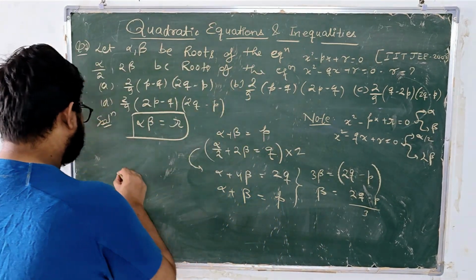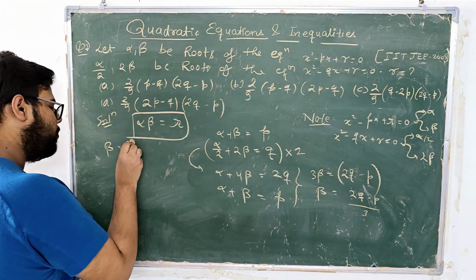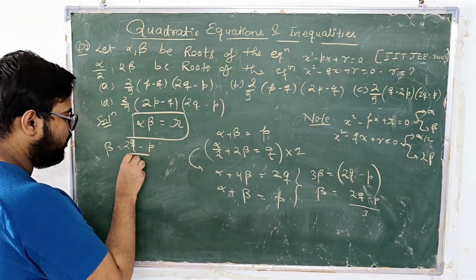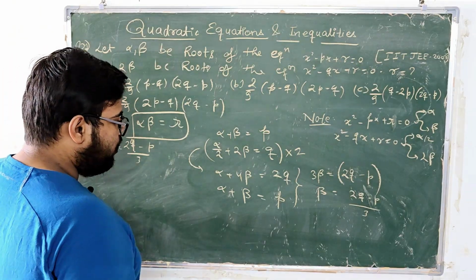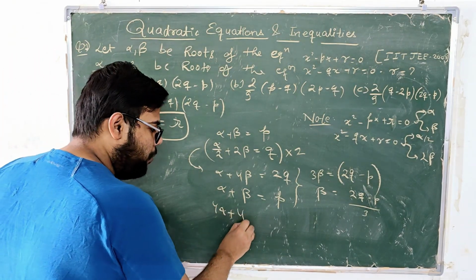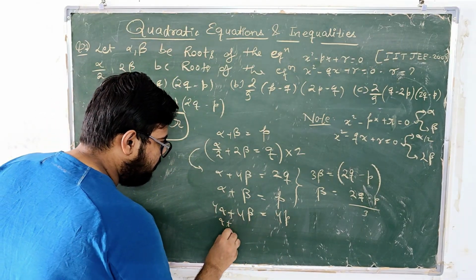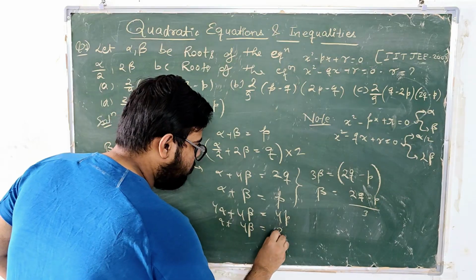So we have got that beta is equal to 2Q minus P by 3, right? Now just multiply this equation by 4. So you'll get 4 alpha plus 4 beta is 4P, and alpha plus 4 beta is 2Q.